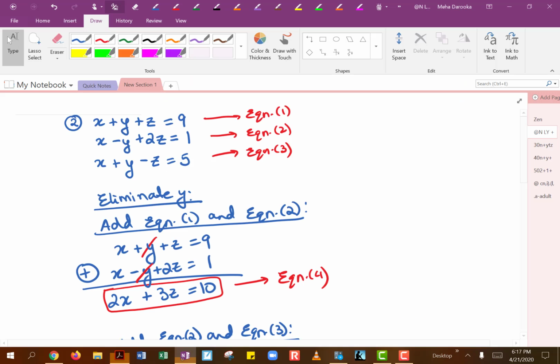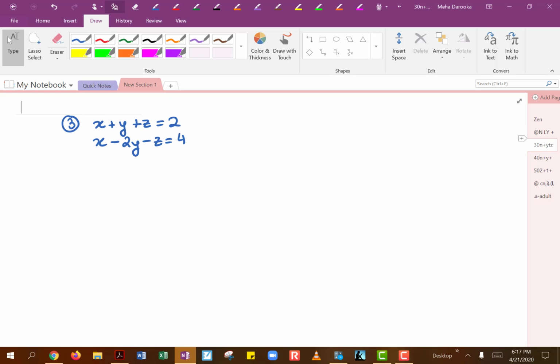Okay, so let's look at this example over here. Obviously this is two equations in three variables, so our goal should be to reduce it down into two equations with two variables. When I look at this, I can see my z already has one positive and one negative sign. So we can just add the two equations together and eliminate z.